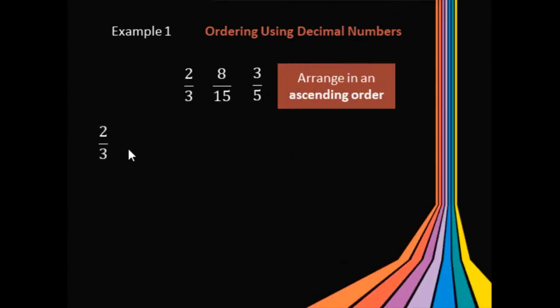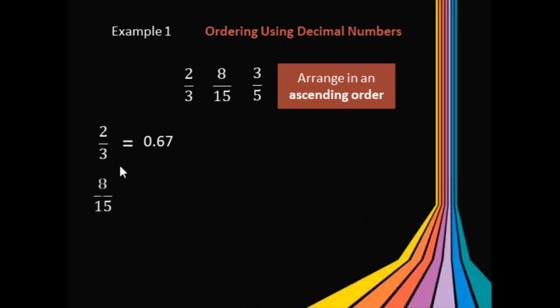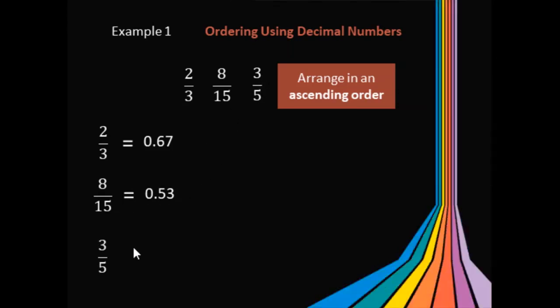Okay, very good. It's 0.67. How about 8/15? Very good. 0.53. And how about 3/5? Good job. It's 0.6.